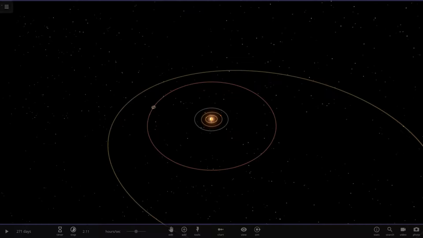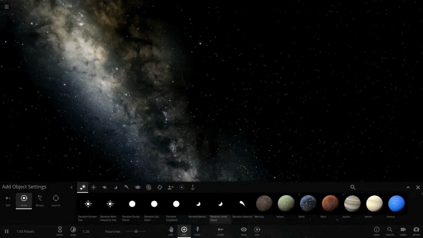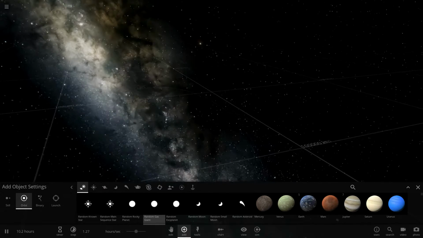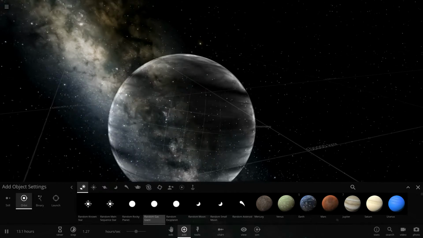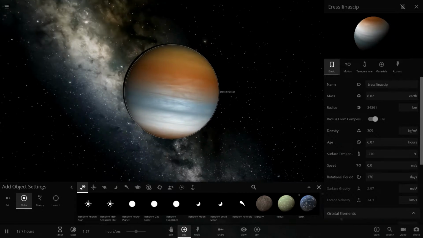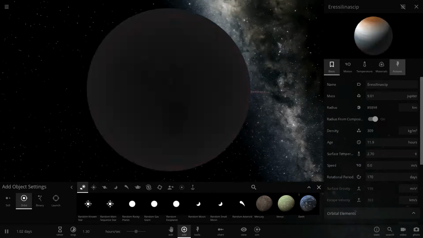So, we're going to move on to the next system now. This system is slightly bigger. It's going to be an L class brown dwarf, so it's going to be like this. If I can get it up right. Oh, just put that there. I'm going to make this 79 Jupiters.